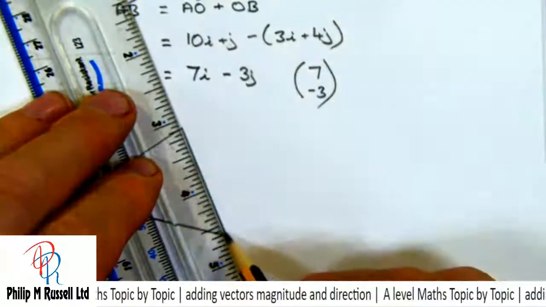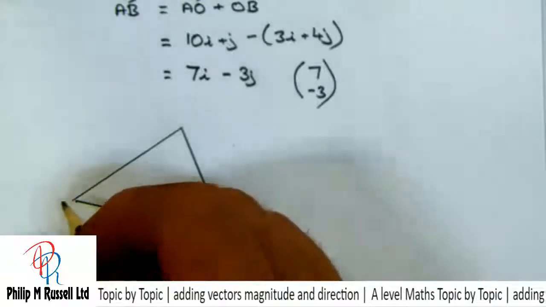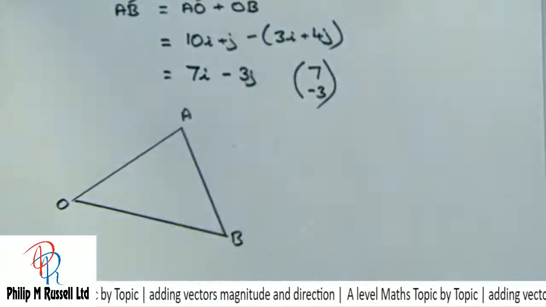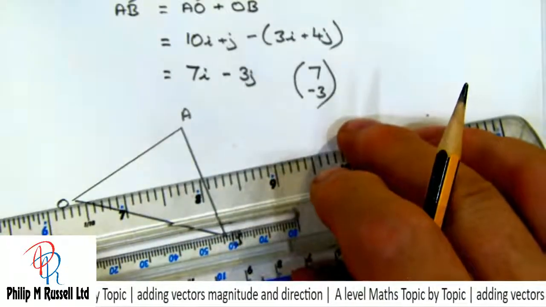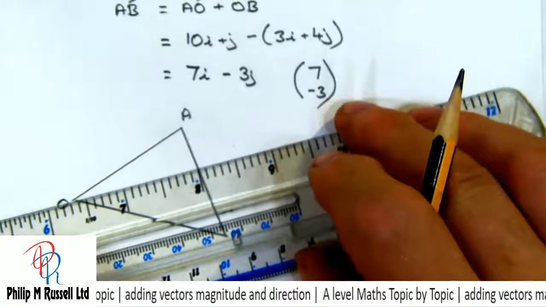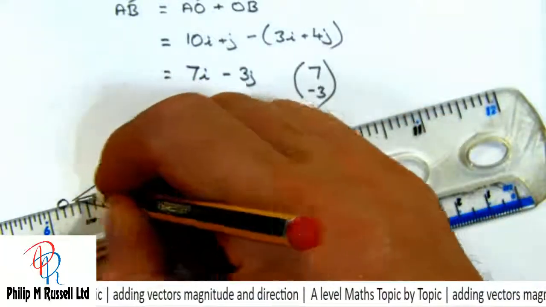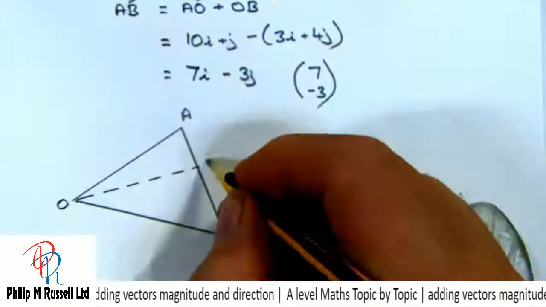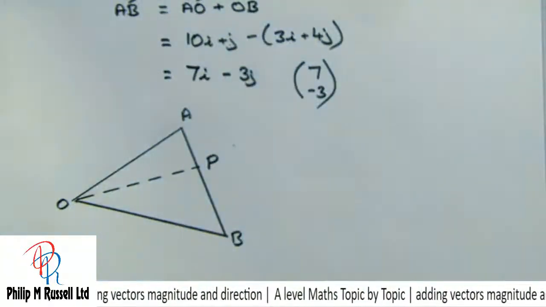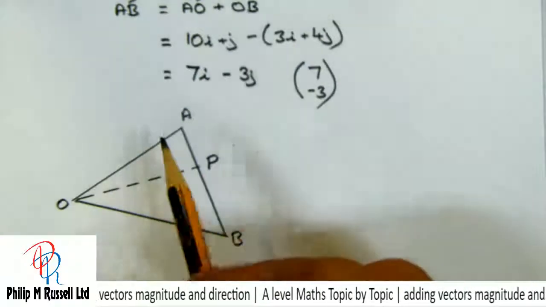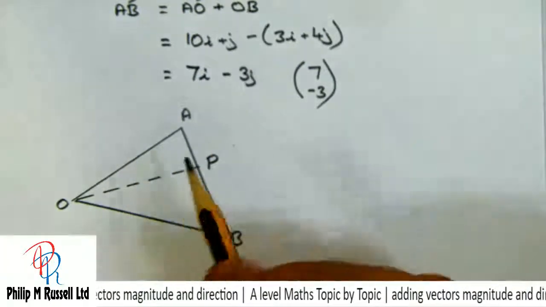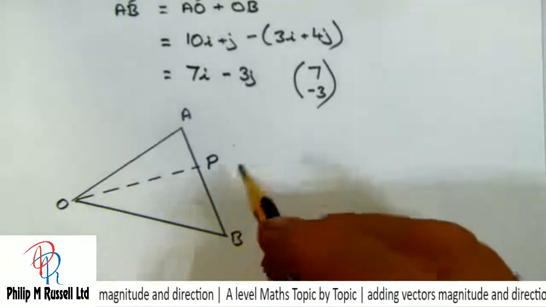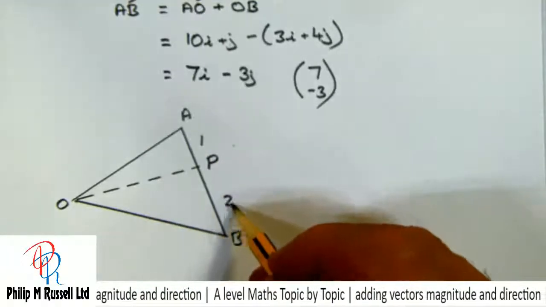I've got my little triangle, we'll call it O, A and B, but typically somebody wants something like this one, and we're told that point P here divides this segment in the ratio of, let's say, 1 to 2.